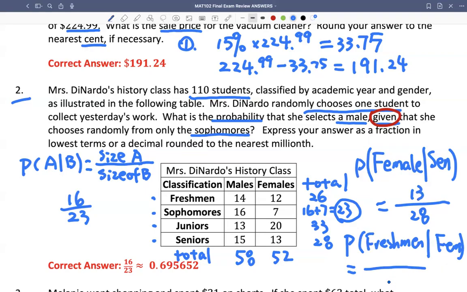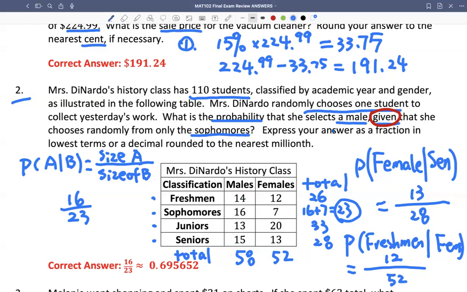How many females there? 52 of them. How many freshman females? 12 of them. How many females in total? 52 of them.